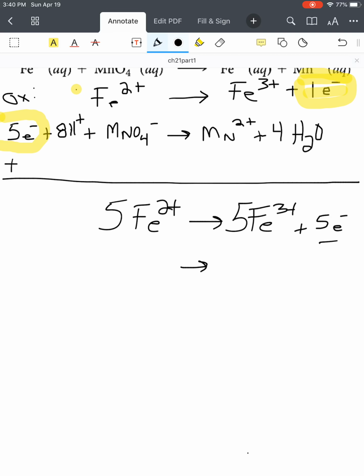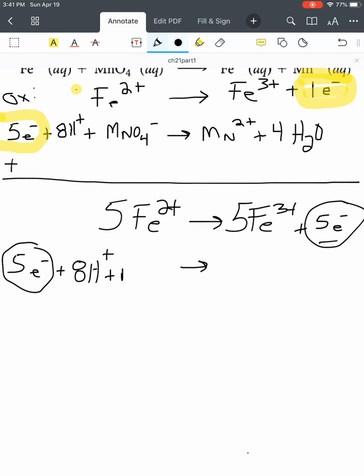And the beauty of that, then, is the 5 electrons which are produced in the oxidation can be used in the reduction, combining with 8 copies of H+, and my permanganate ion, which was originally present, to make manganese 2+ and 4 copies of water.